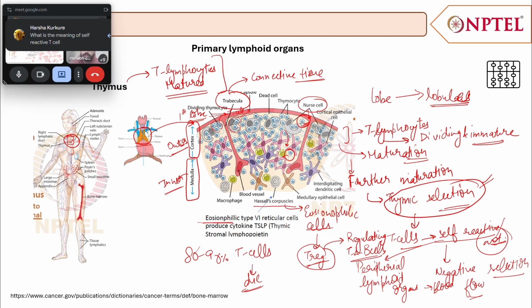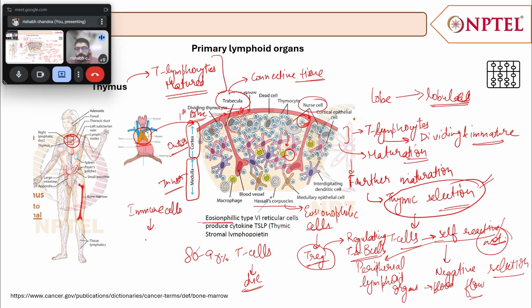What happens is, whenever these immune cells are maturing, these macrophages and dendritic cells present antigens to these maturing immune cells.